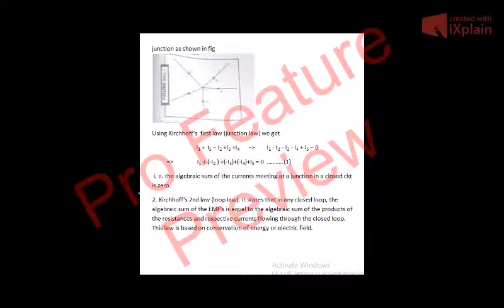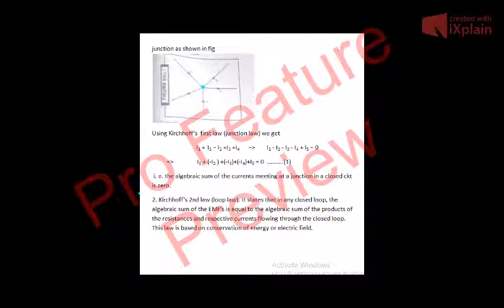You can see that there are two currents which are entering the junction O. Junction means where the wires coming from different directions meet. So this point O is the junction. Here these three wires join together, so this is called a junction.